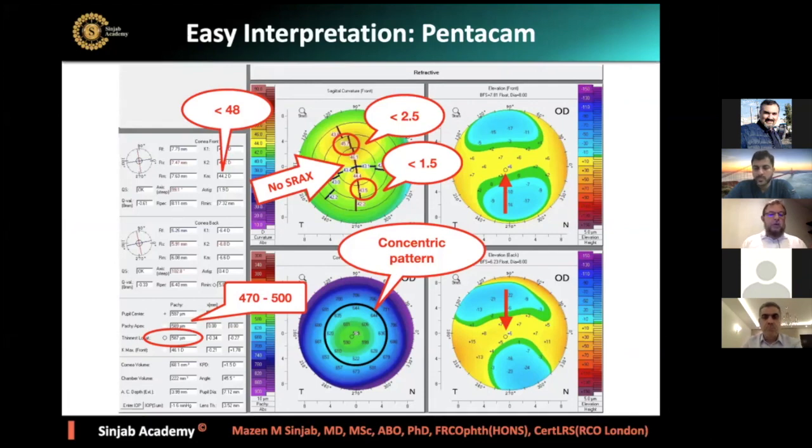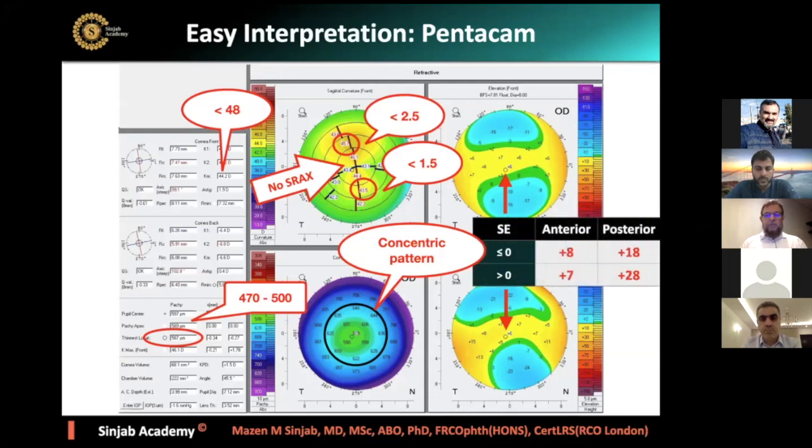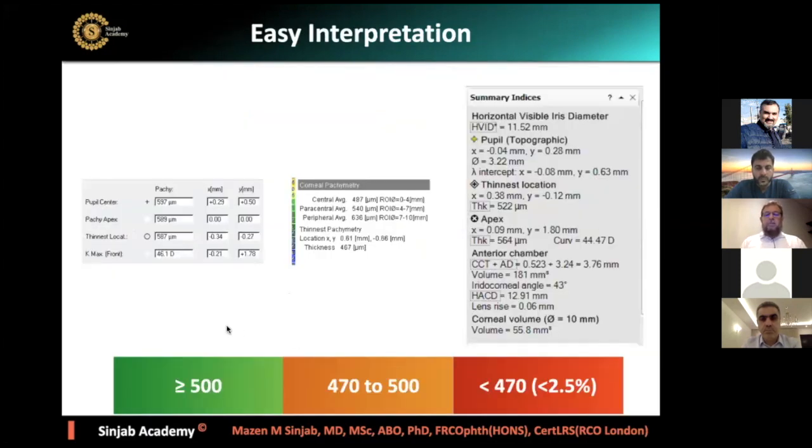The final point is the thinnest location. We look at the thickness at the thinnest location. Remember these two numbers, the 470 microns and the 2.5%. Why? Because in some studies on a very large sample, a thickness less than 470 microns was found in less than 2.5% of normal people.